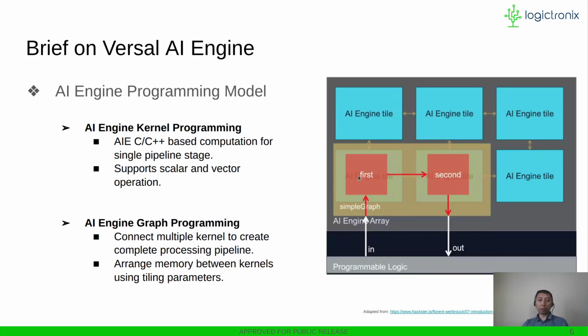You program these individual AI engine kernels using AI engine kernel APIs, and after programming them, you connect the first and second kernel using the graph programming API, and you also connect the input interface and output interface using graph programming.